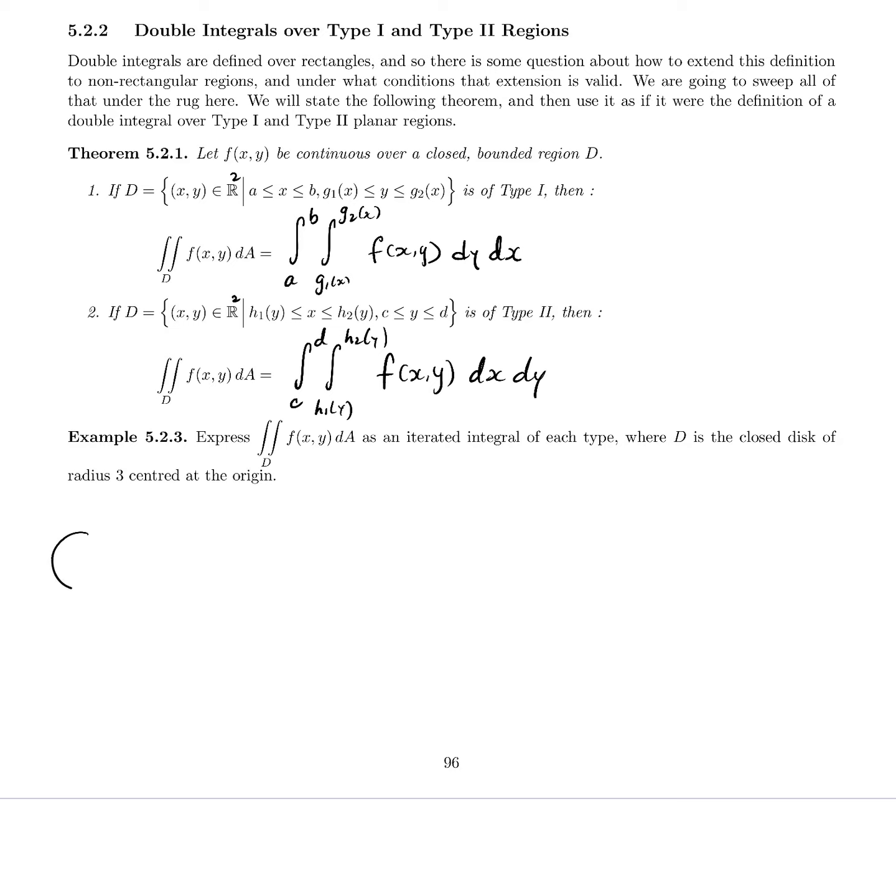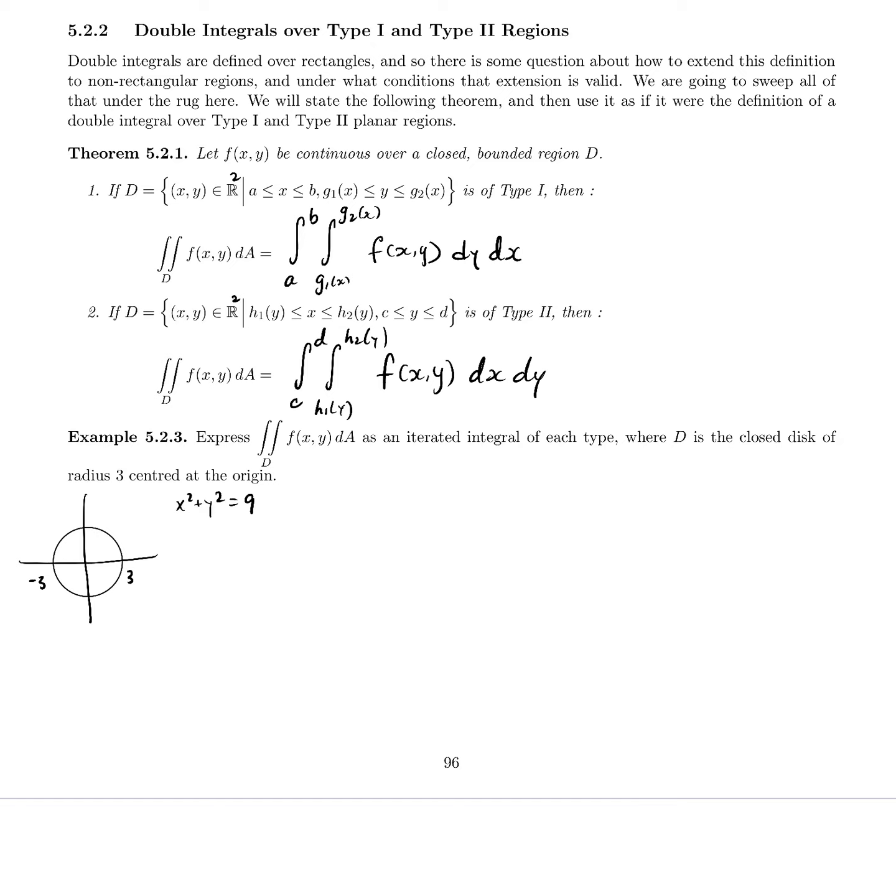So let's draw ourselves a disk D. If it's of radius 3, this is from minus 3 to 3, that's the equation x squared plus y squared is equal to 3 squared, or 9.